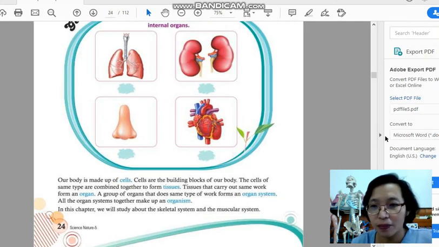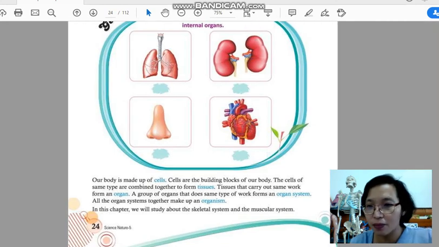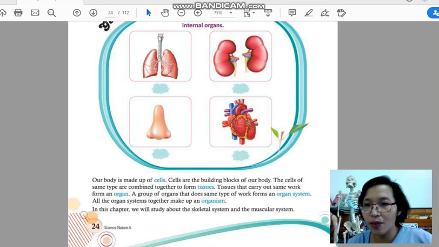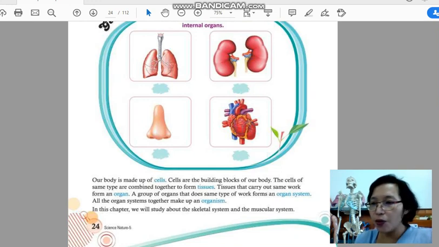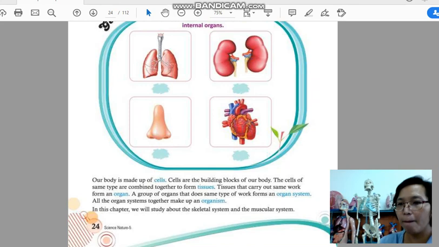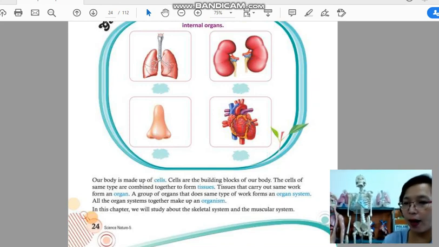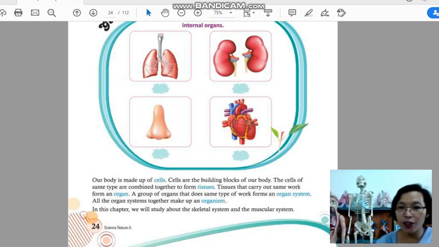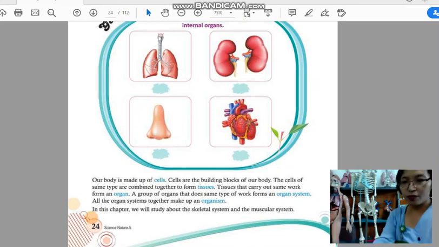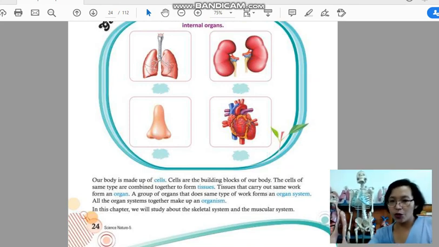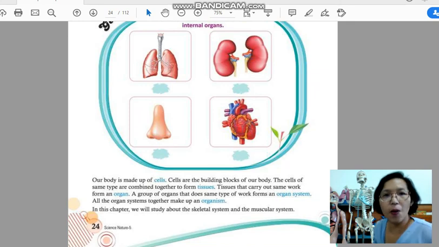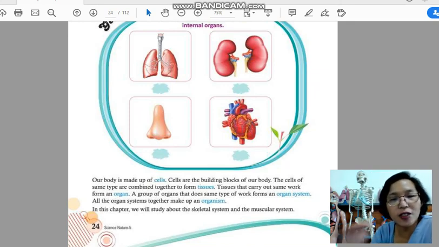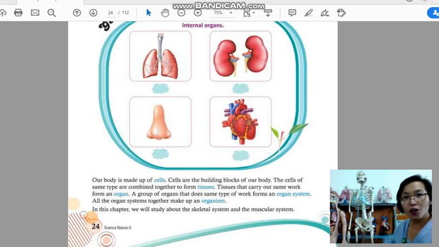Next. Let's talk about our human body skeletal system. Here is the lab skeleton. Let me explain to you that our bone is hard outside and soft inside. Let's start from the top.